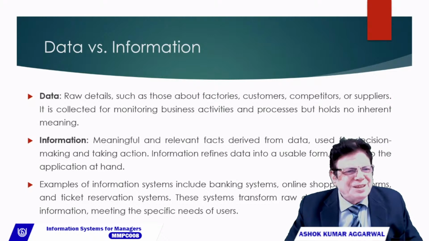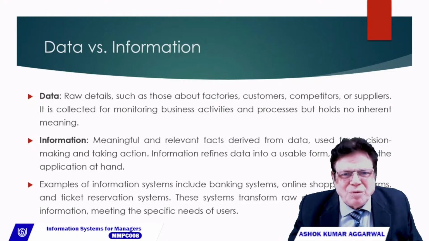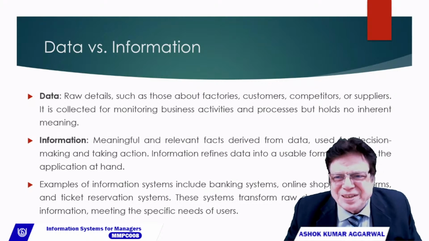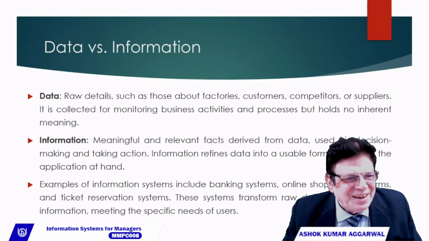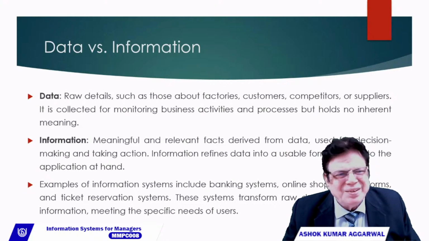Data versus information. Data: raw details such as those about factories, customers, competitors, or suppliers. It is collected for monitoring business activities and processes but holds no inherent meaning. Suppose you have the sales figures for all the past 5 years.